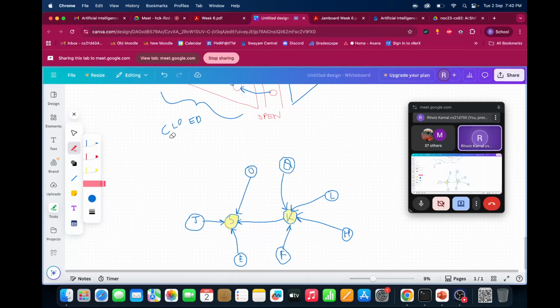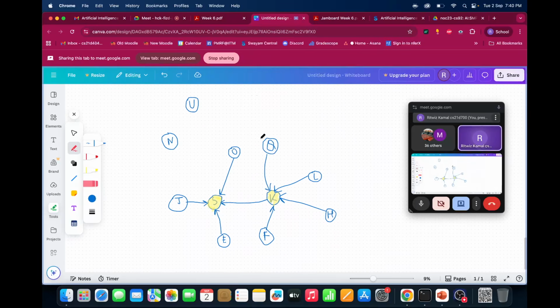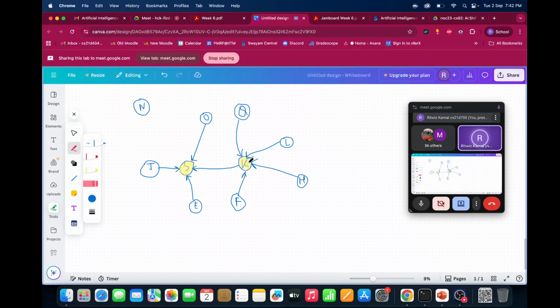Let me erase these things. Those will be N, U and Q. Now notice that Q already has a parent, which is K. So we have to check whether some kind of... in the previous step itself we should have done the checking. While we were inspecting K, we found one path for H, right?